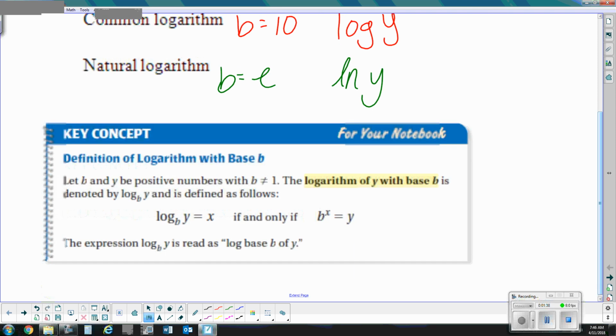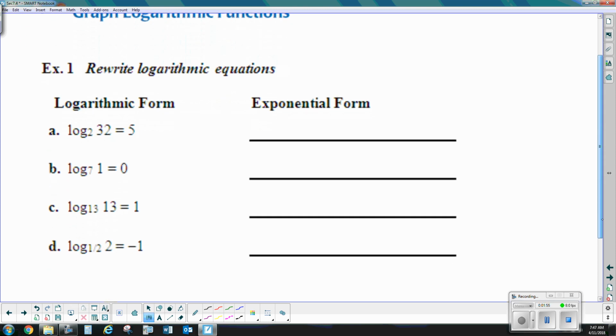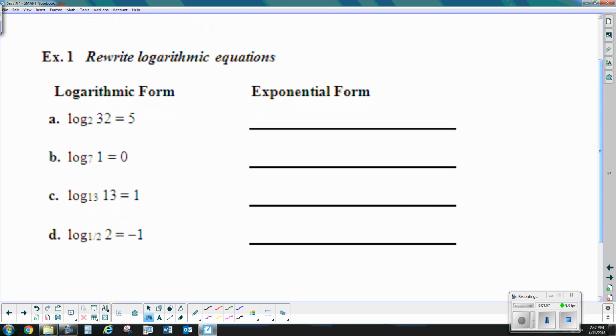So this key concept just outlines the definition of logarithm with base b as we just defined it. Log base b of y is written like this. All right, let's look at a few examples of what it actually means to have a logarithm. So in this logarithmic form, this is your base of the logarithm.